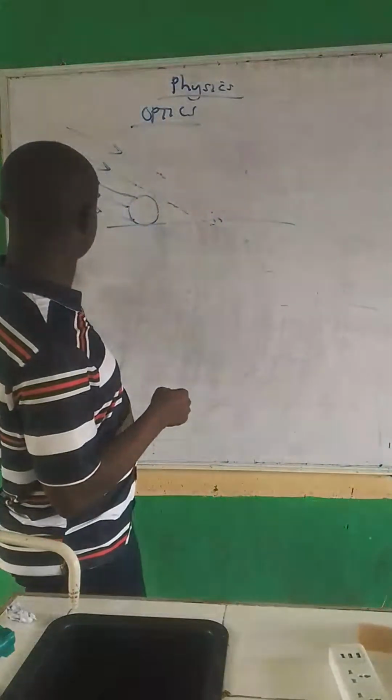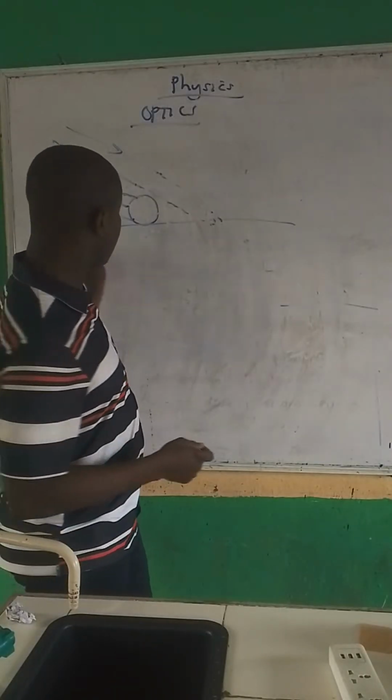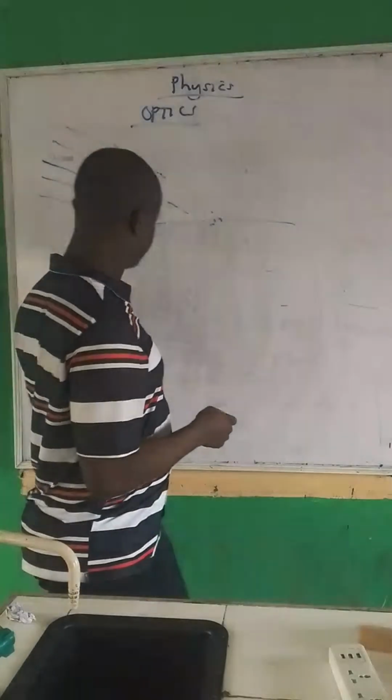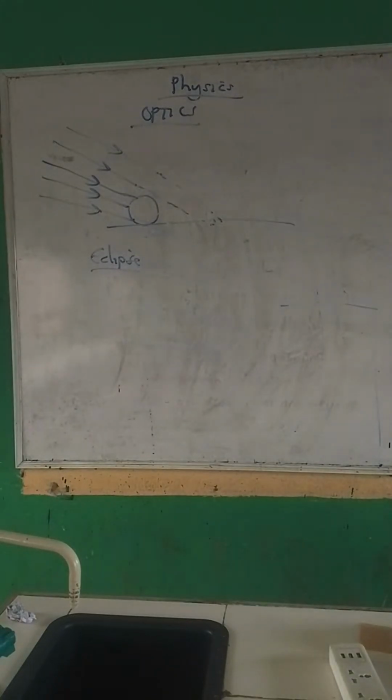So what are the consequences of shadow? The first consequence of shadow is eclipse.